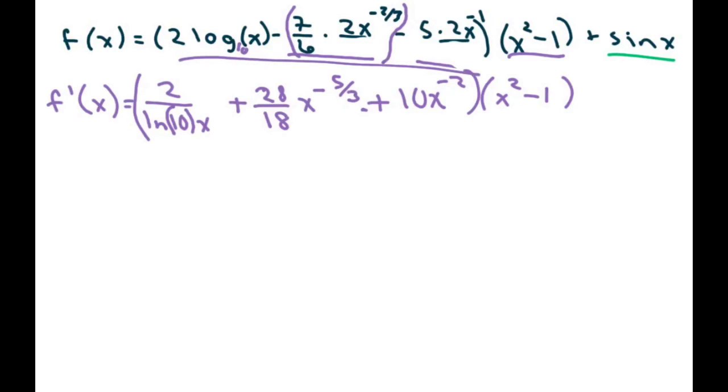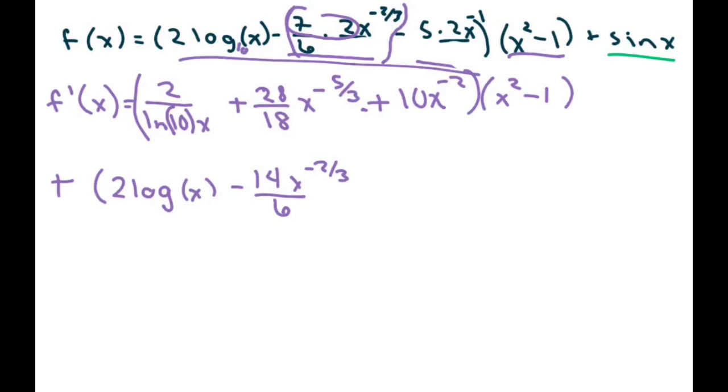Now I'm going to write this whole thing down. So we're going to add, I'll move it over here, add our first function, which is 2 log of x. I'm going to go ahead and multiply these two, which is going to be minus 14x over 6 to the negative 2/3 minus 10 over x.